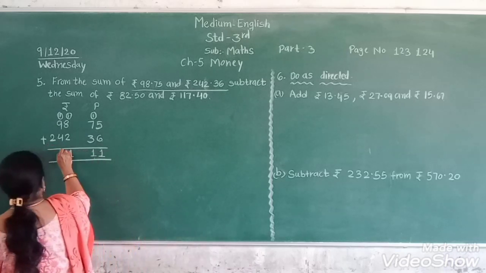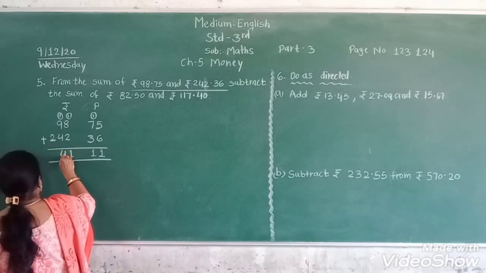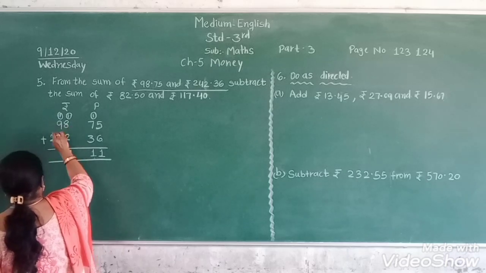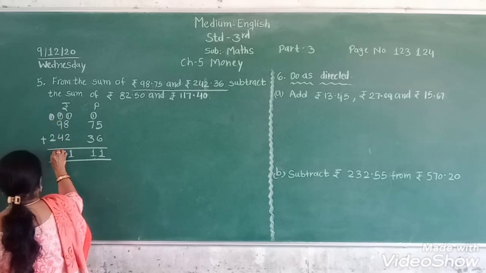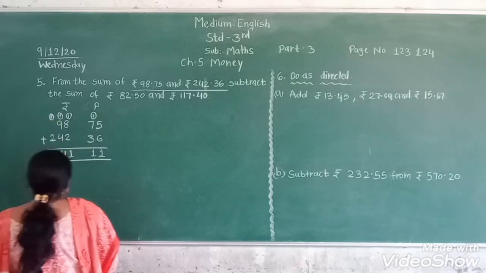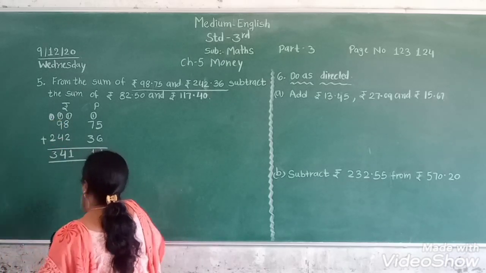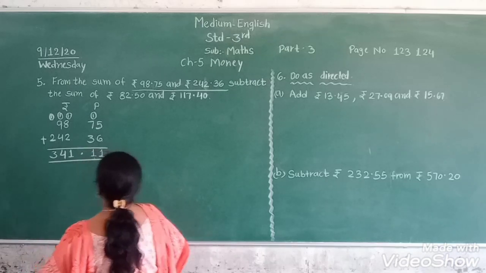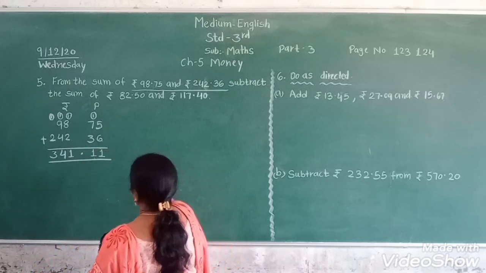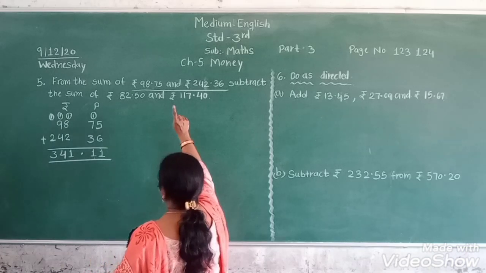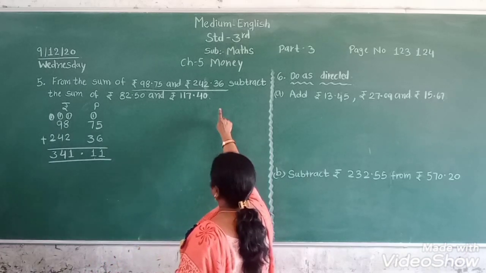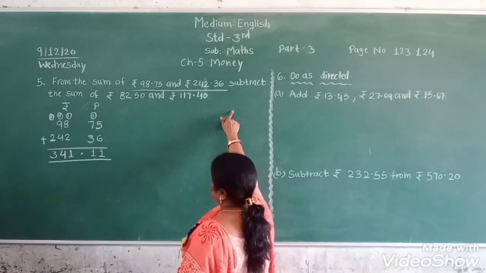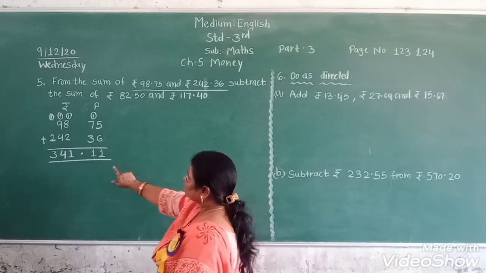So we write here 4 and 1 carry over, 2 and 1, 3. 341 rupees and 11 paise. So, the sum of 98 rupees 75 paise and 242 rupees 36 paise. Okay, we have done this sum.